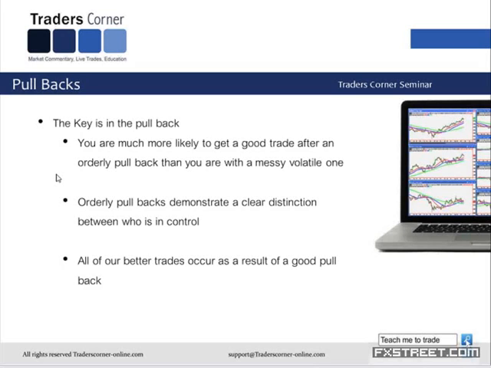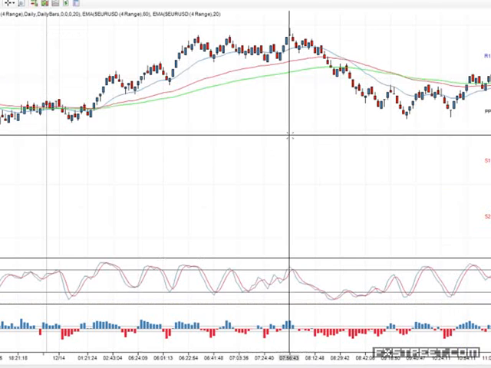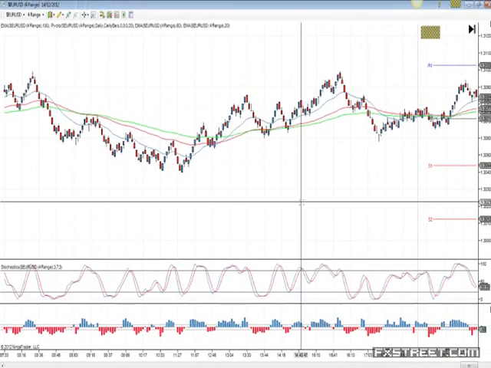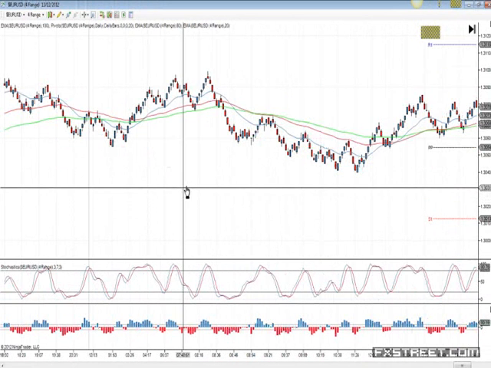They're probably taking profit, which means that the next time the buyers get involved, the sellers probably aren't going to want to get in the way in the first instance. And all of our better trades occur as a result of a good pullback. All right, with that in mind, let me pull up a chart now and show you exactly what I mean. We'll go to yesterday's trading for this.